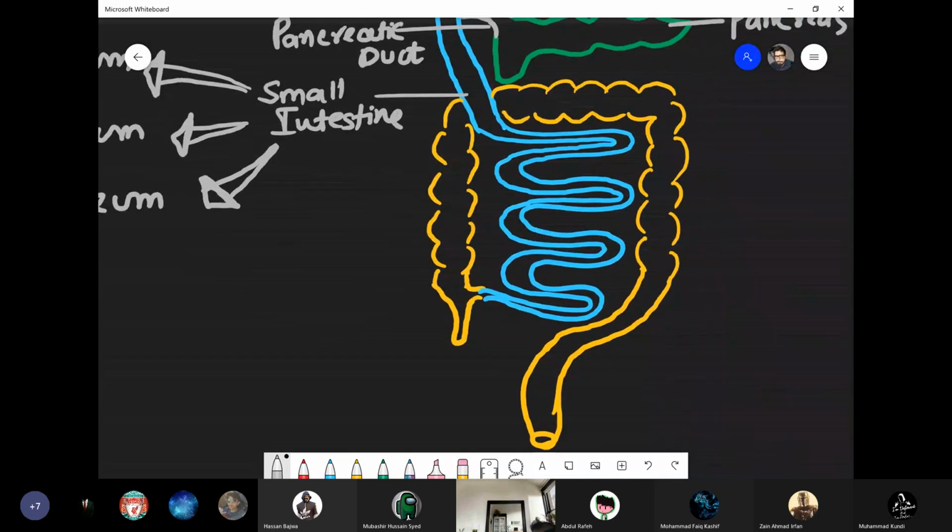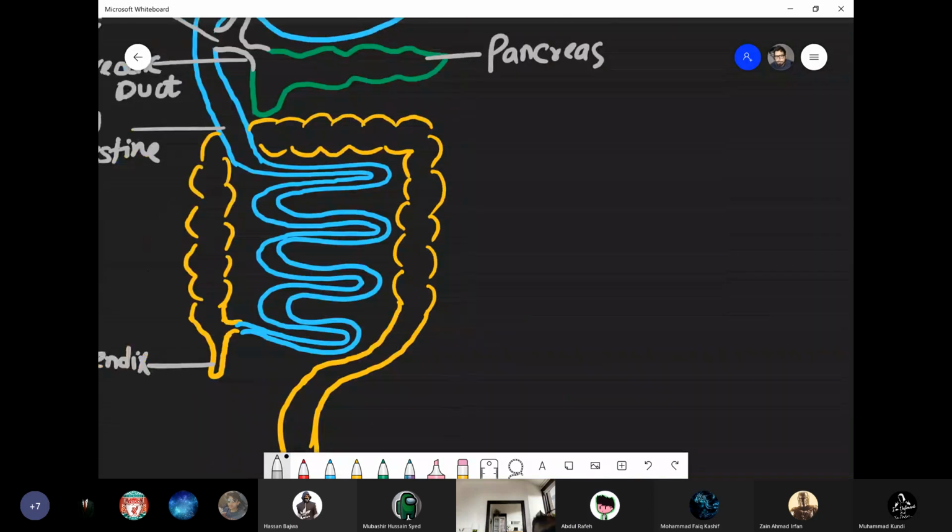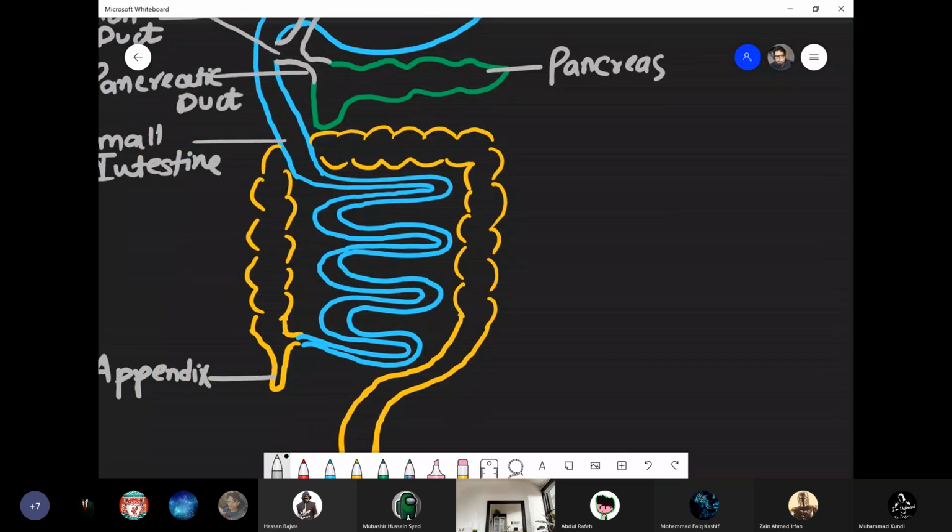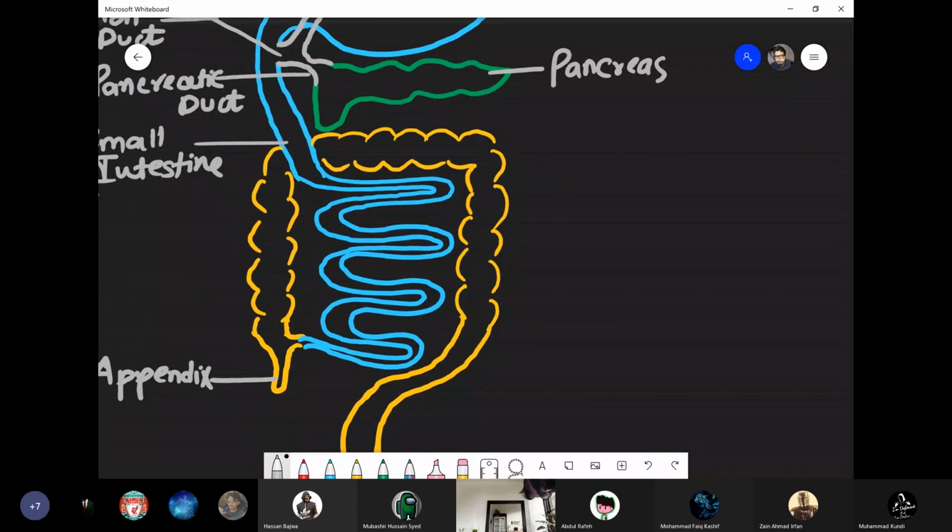Next, the ileum opens into the large intestine, but before the large intestine, there is this small organ. This is called the appendix. Then, boys, the large intestine is also divided into four parts.